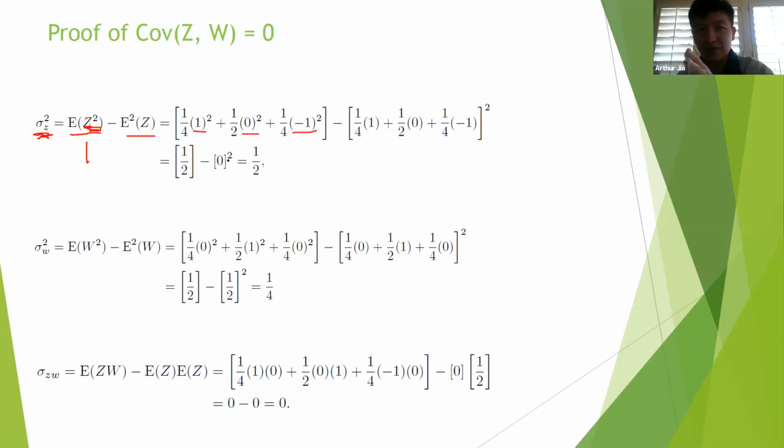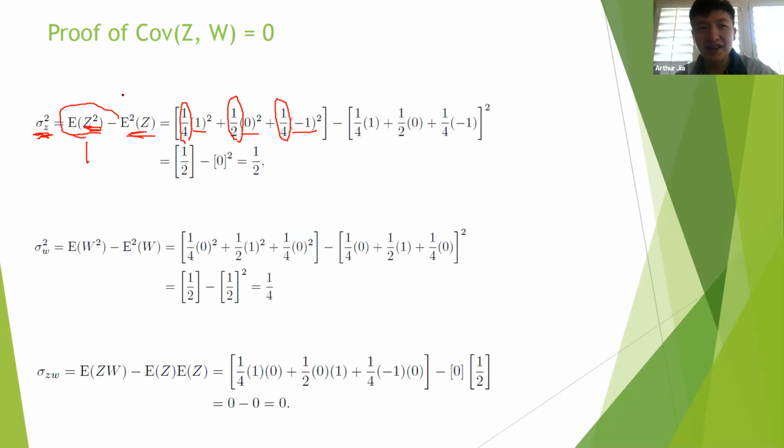So these are the three possible values for Z squared. And we want to calculate the expectation of Z squared. Then we do the summation of these three possible values for Z squared multiplied by their associated probability, right? So this is how we calculate this.